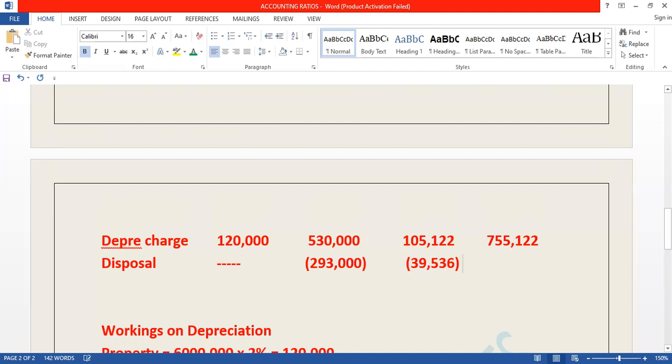So what is the addition of the two? Addition of the two figures. From my calculator here, 332,536.